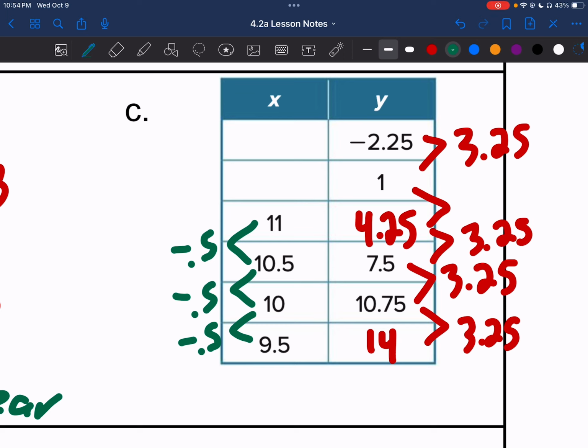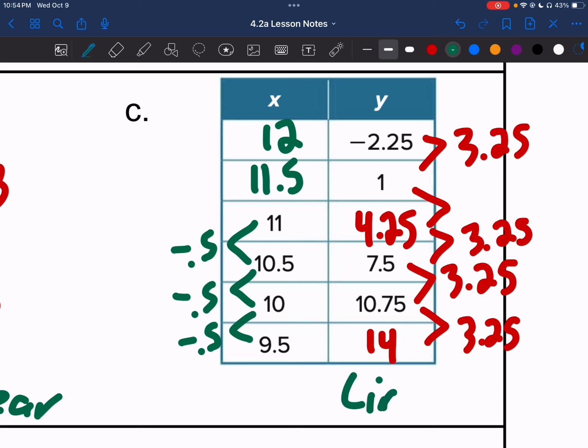Well, if we look at it a different way, if we're starting at the bottom and we're going up, what we're doing is we're adding 0.5 each time we move up. So 9.5 plus 0.5 is 10, plus 0.5 is 10.5, plus 0.5 is 11. So then if we continue that pattern going up, we're going to get 11.5, and we're going to get 12 as we move up. And so this is a linear relationship.